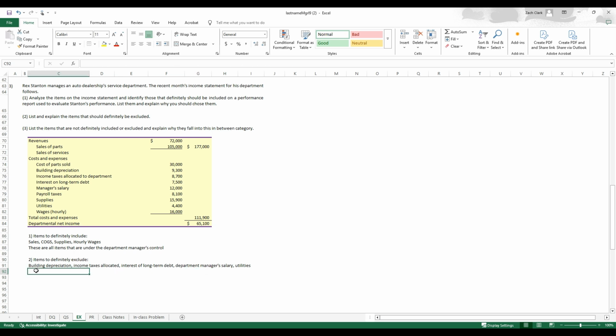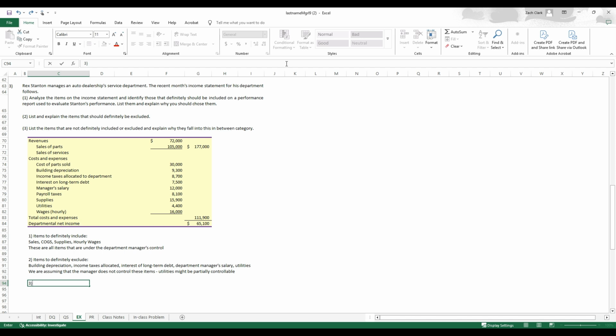And then we're going to say we are assuming that the manager does not control these items, but let's have a caveat that utilities might be partially controllable. Make sure you're turning the lights out at night, and that kind of thing, right?